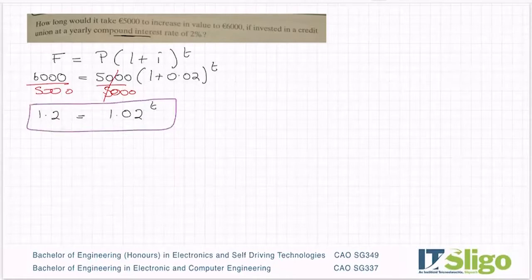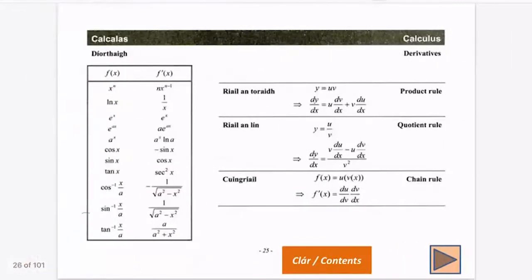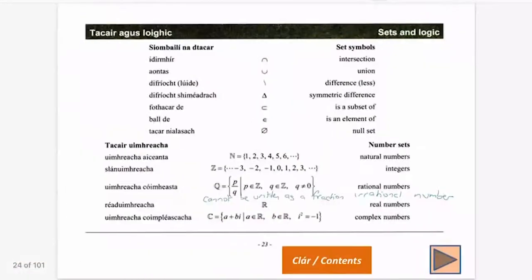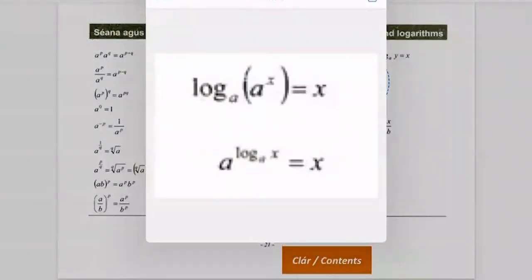So let me just get the rules of logs. If you've been following along for the last couple of classes, you'll probably guess the rule I'm going to use, because I tend to use it a lot, which is these ones here.